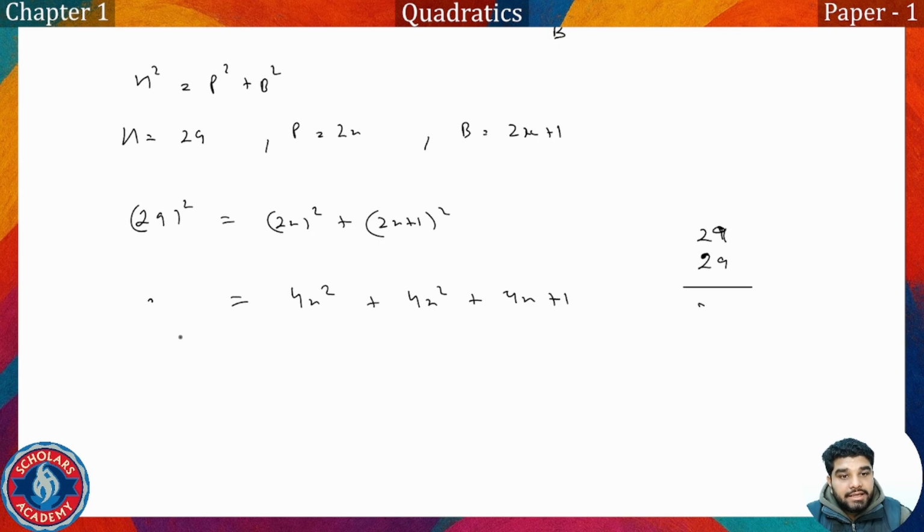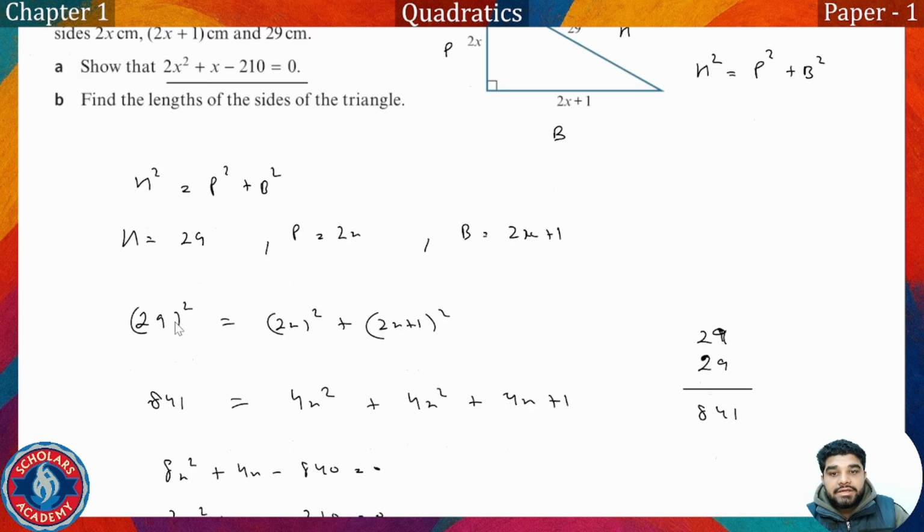So we get 841 over here. Now what we are getting is 8x square plus 4x minus 840 is equal to 0. We'll divide it by 4. We get 2x square plus x minus 210 is equal to 0. And I think that's the quadratic equation they're asking for.